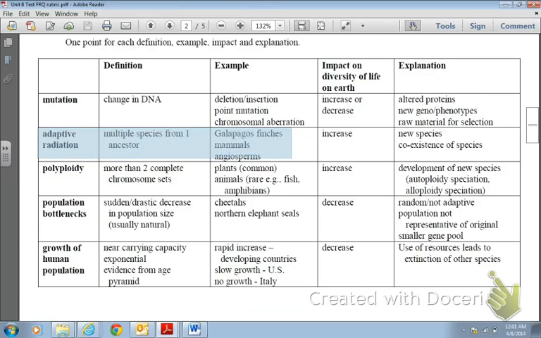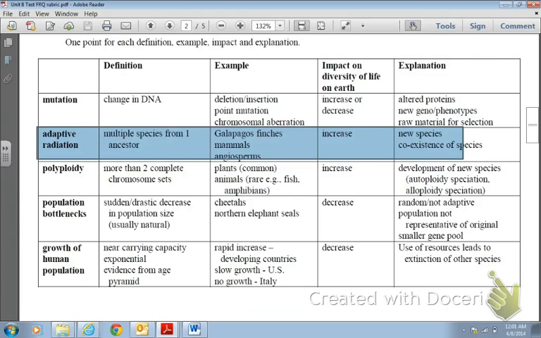Most everybody wrote about the Galapagos Islands, either the finches or the turtles. Good job there. Adaptive radiation is going to be increasing because it makes a new species. So if you said this is an example of allopatric speciation, I gave you that point right there. Because speciation means new species, and it would be allopatric, so that was perfect.